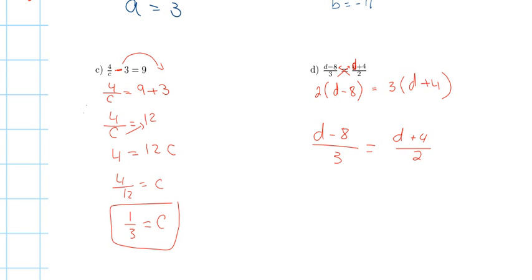Do you guys agree with that? So I bring this over and it becomes d minus 8 equals to 3 times d plus 4 over 2. So I brought this one over here and it became multiplication.